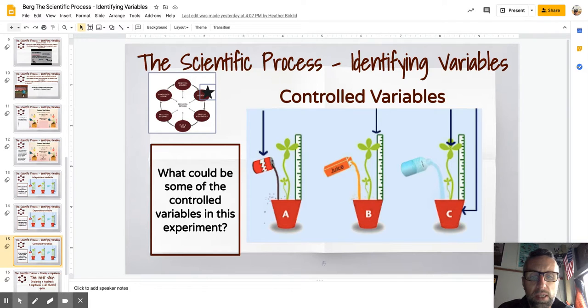That wouldn't be a fair test. We want to put the same amount. Even though the liquids are different, and that's our independent variable, we have to put at least the same amount in. Thus, we would need other things like the size of the bucket we're growing in, the amount of days that we run our test for, the person that's running the test. All of these things would need to be kept the same.